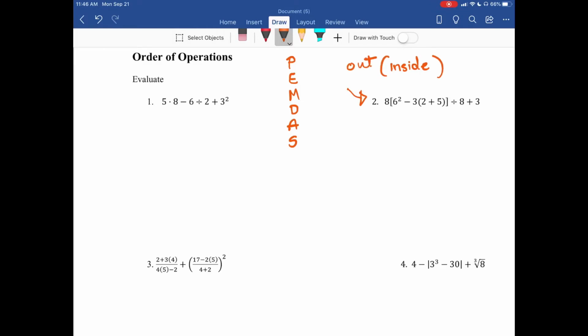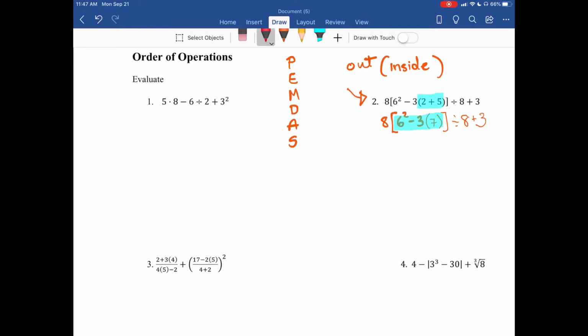So the first thing we're going to do is rewrite all of this until I get to, there it is, right there, the inside of our work. And that is 2 and 5, 7, and drag it all down. Okay, do we still have grouping?